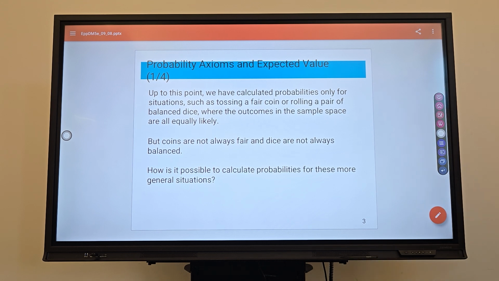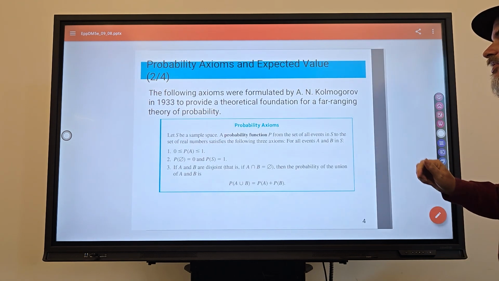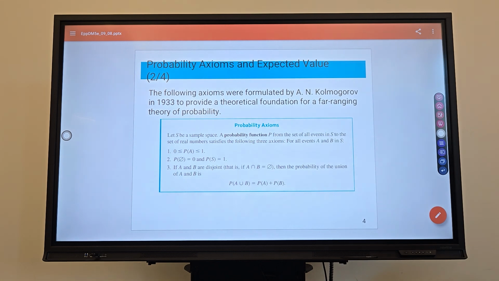But coins are not always fair and dice are not always balanced. How is it possible to calculate probabilities for these more general situations? The following axioms were formulated by a mathematician in 1933 to provide a theoretical foundation for a far-ranging theory of probability.